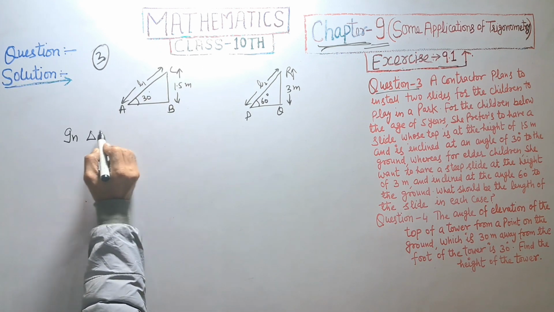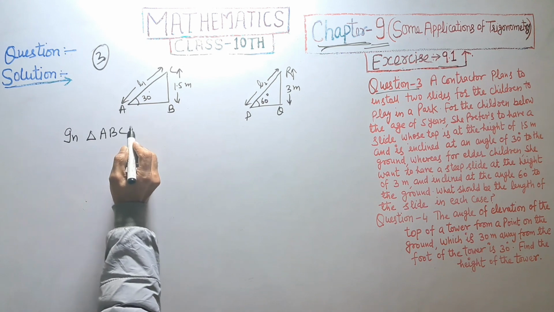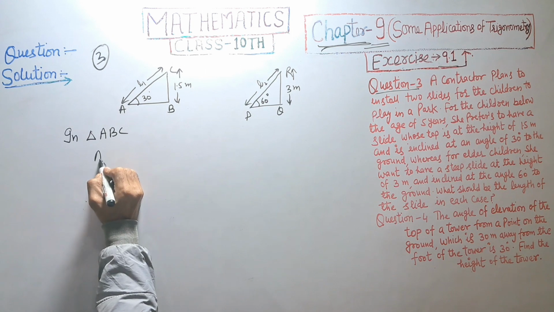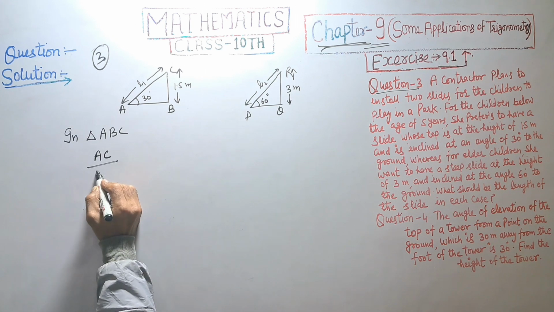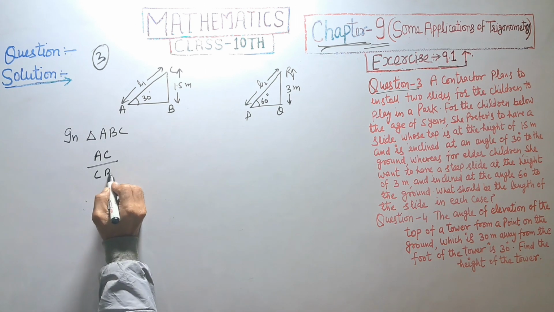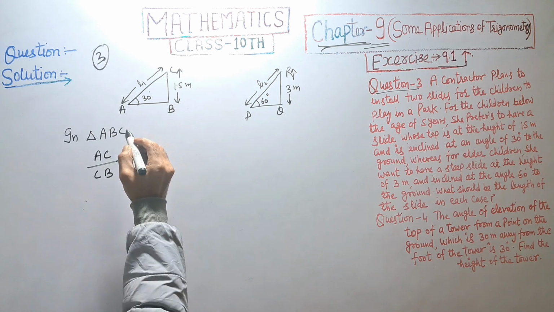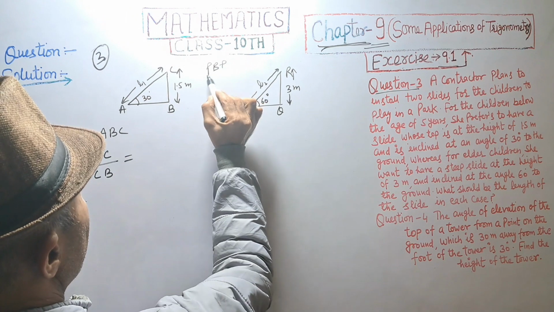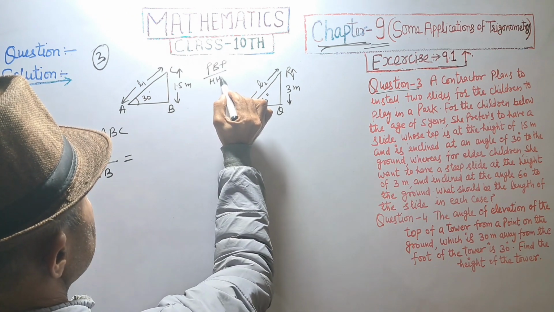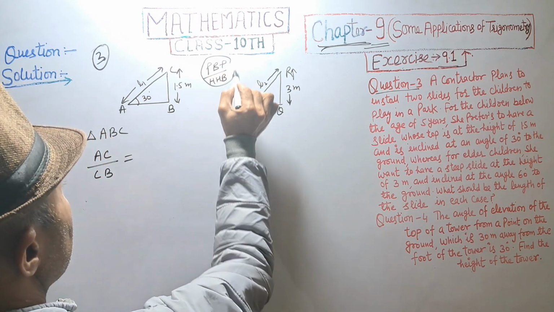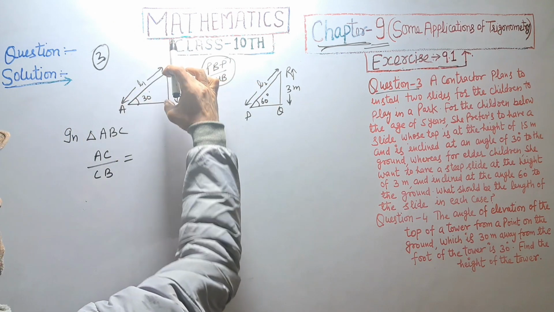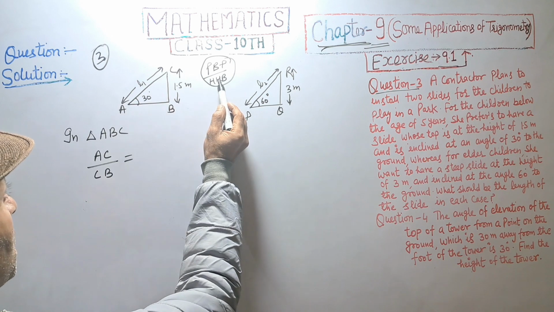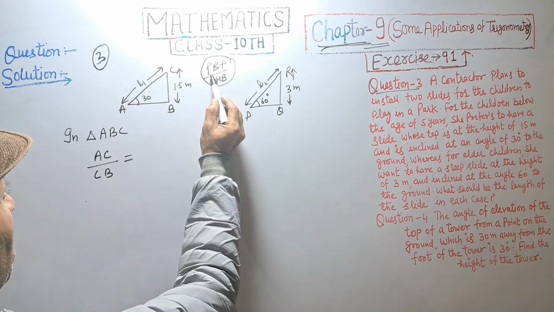In triangle ABC, AC upon CB is equal to hypotenuse upon perpendicular.